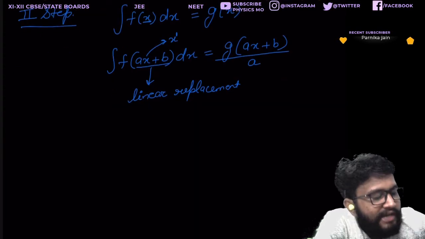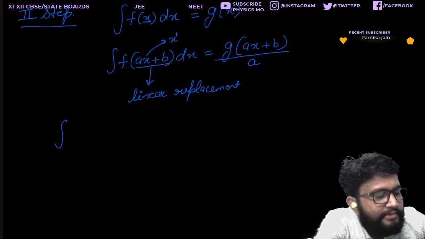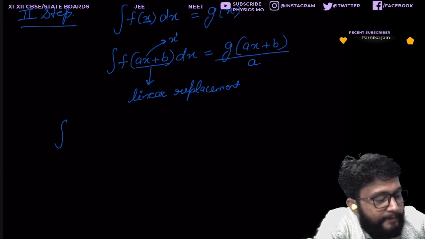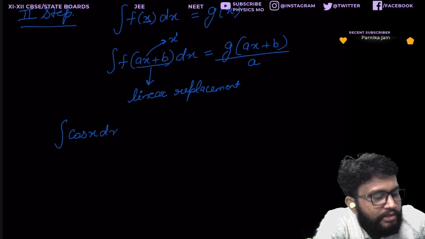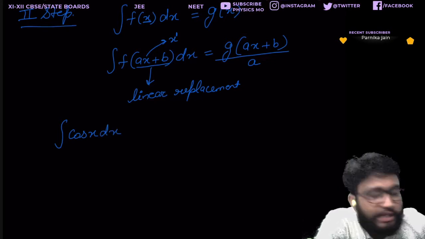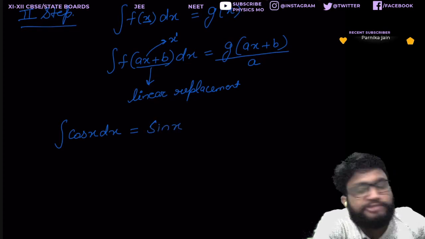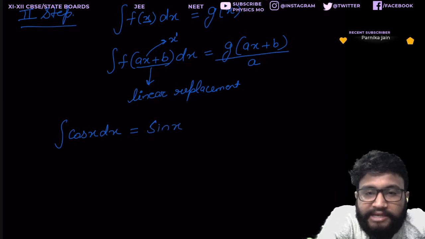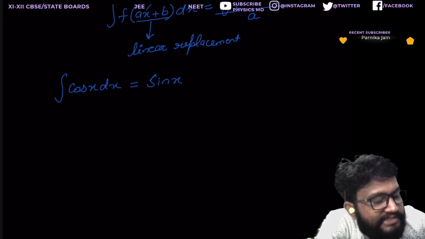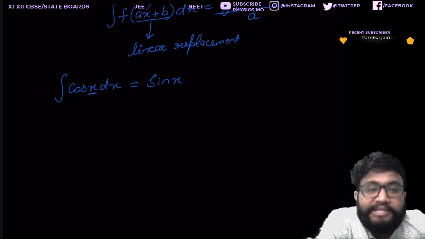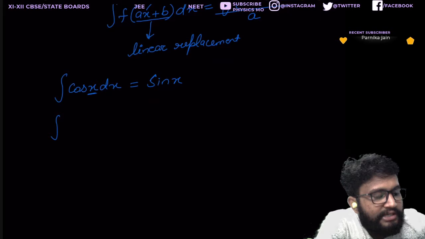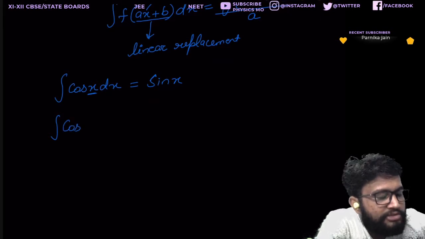Like if I ask you to integrate, let's say I ask you to integrate cos x only, तो you will simply say कि अभी अपने को याद हो गया, तो integration of cos x is sin x because it is reverse process. तो इसका तो आपको पता है, but if you replace this x by some linear replacement, for example you write integration of cos of minus 2x plus 3.